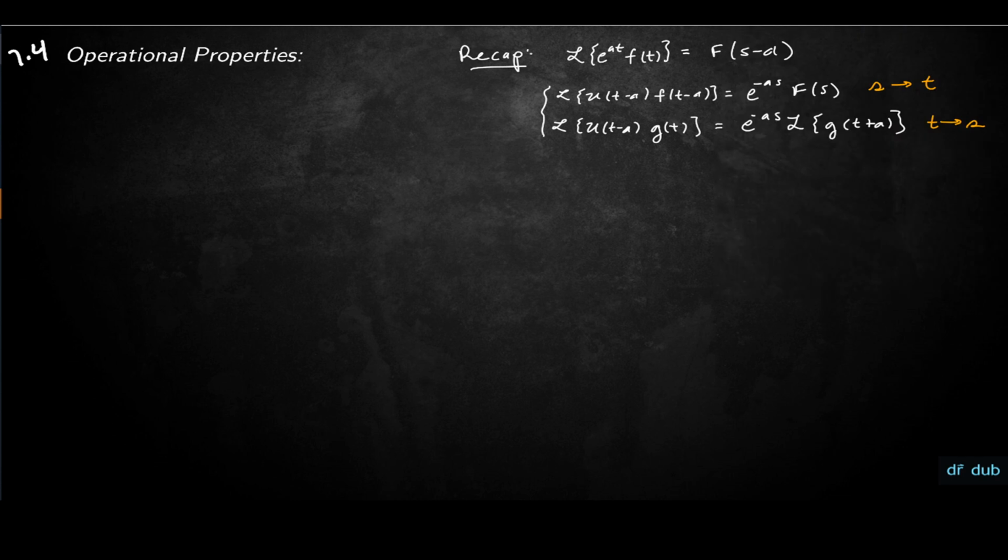And then we did transform of a derivative, derivative of a transform, which was the Laplace of t to the n f of t equals negative 1 to the nth derivative with respect to s of F of s. So this is all from last time.